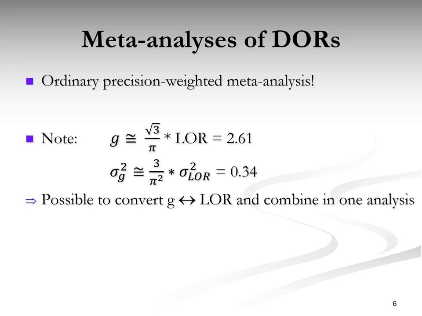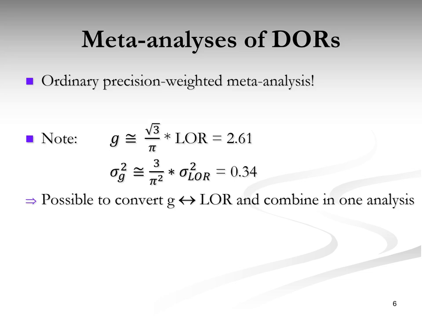And so this means that you have to multiply the sampling variance of the log odds ratio by 3 divided by pi squared to obtain the sampling variance of the standardized mean difference. Of course, you can also calculate log odds ratios based on standardized mean differences, so convert measures in the other direction.